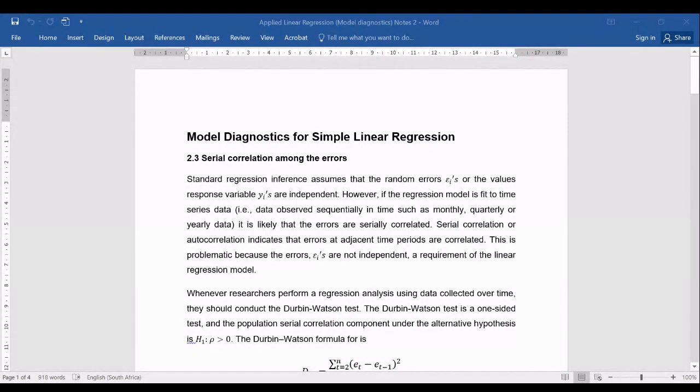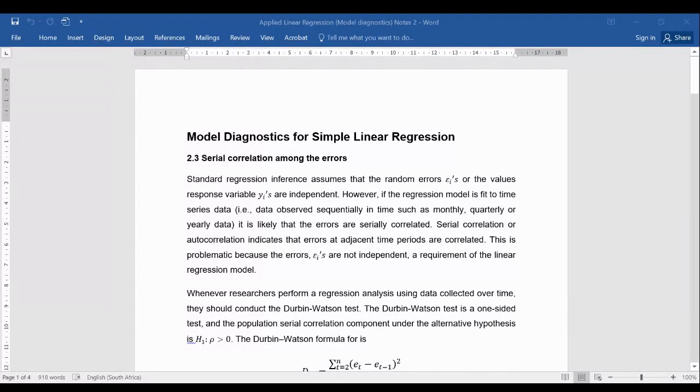So now we have the assumption of independence on the errors. In situations where the data set is collected over time, the errors are likely to be serially correlated, so they are likely not to be independent.